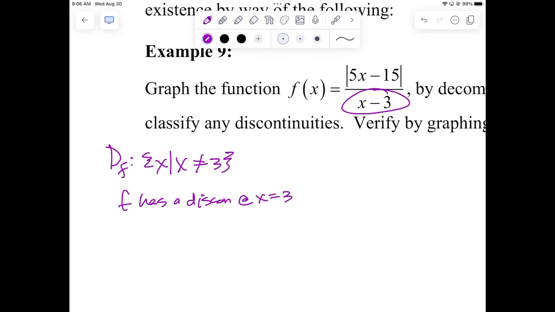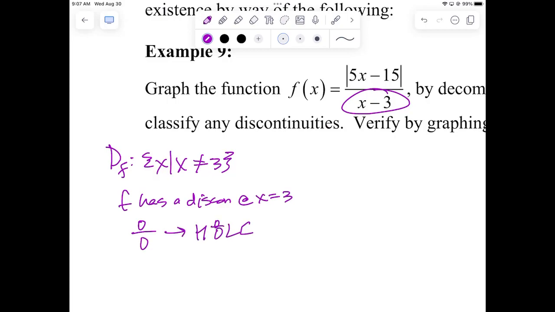And if we use our little trick from yesterday to determine if it's a hole or a VA, I'm not going to factor and divide out because the absolute values prevent me from dividing anything out. But I can plug into the top. What do I get when I plug a 3 into the top? 0. I get a 0 as well, right? So if I plug into the top and the bottom and I get a 0 in both, 0 over 0 usually means what?